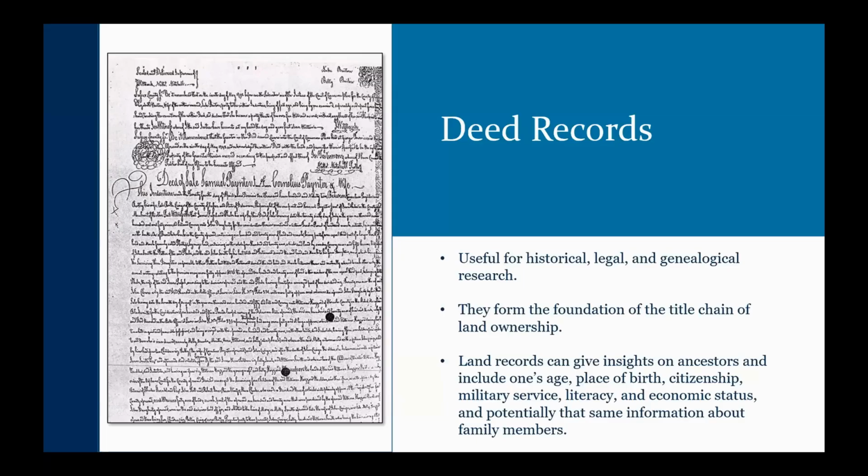Information from these land records will lead to other types of records, such as probate or court records, marriage records, military records, even immigration and naturalization records. They can establish the location of land ownership, including settlement dates.